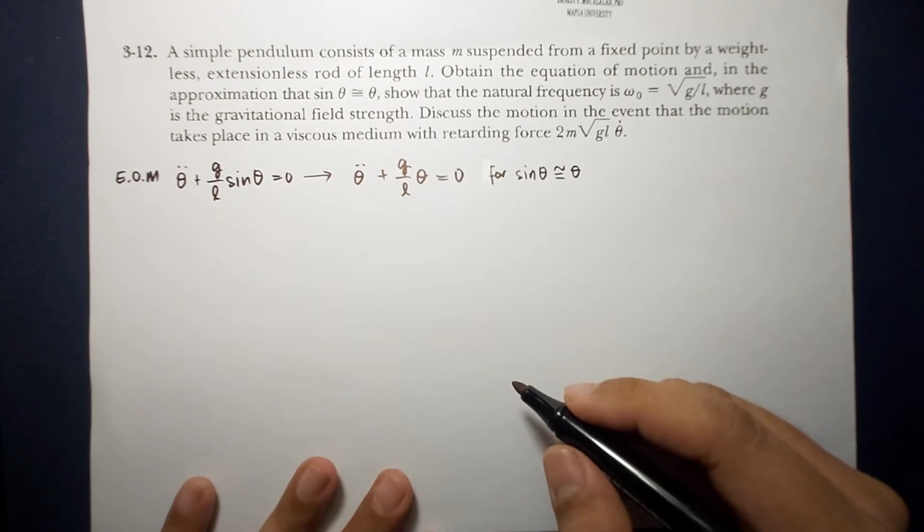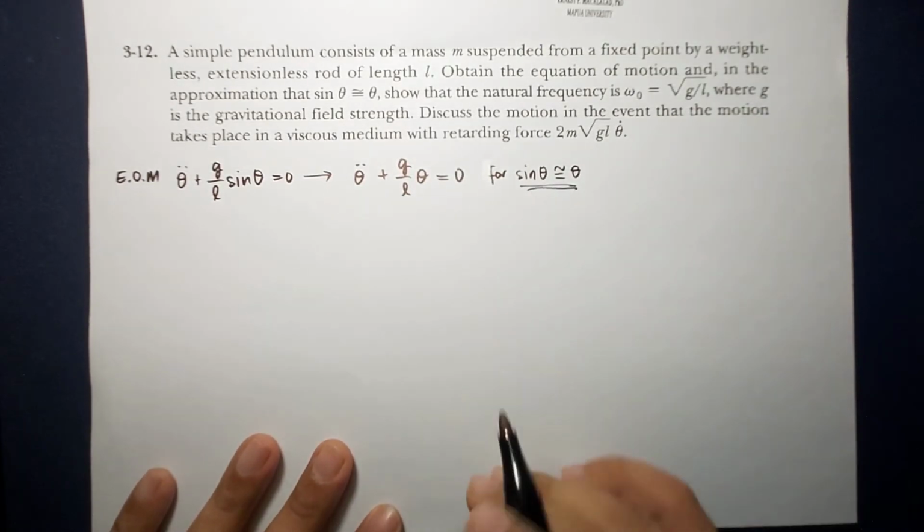Now this is what we call the small angle approximation.